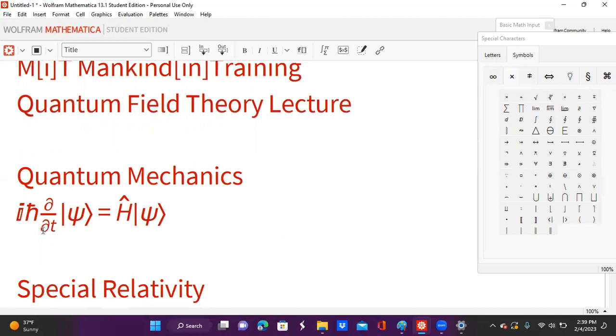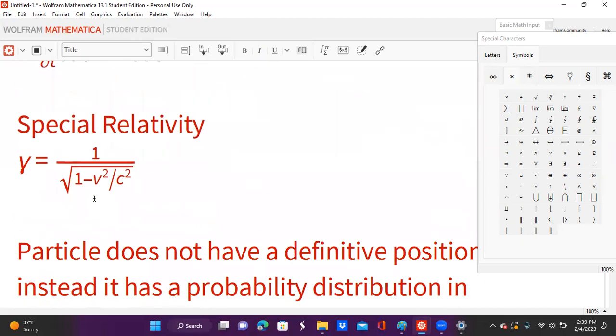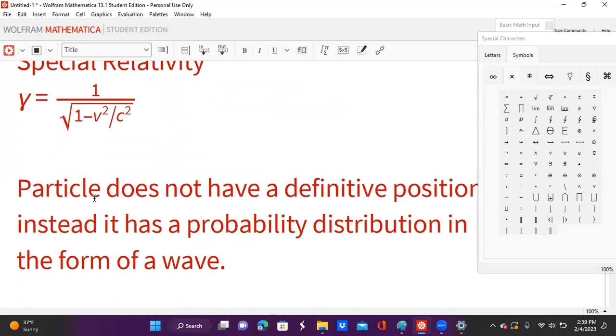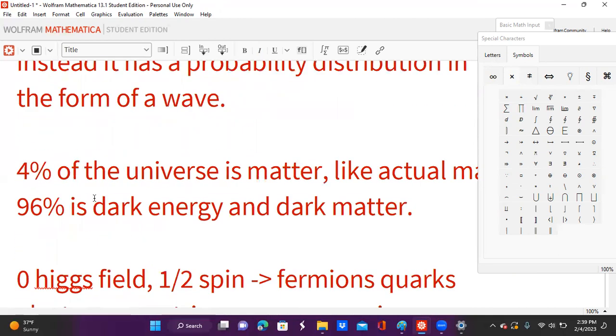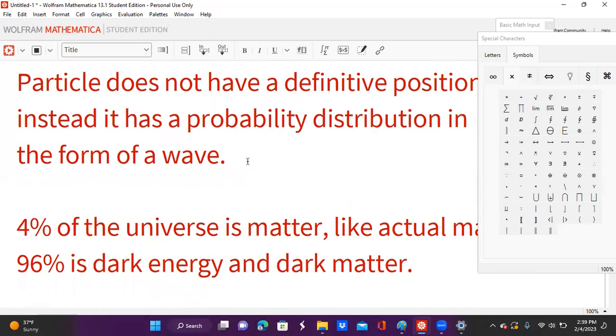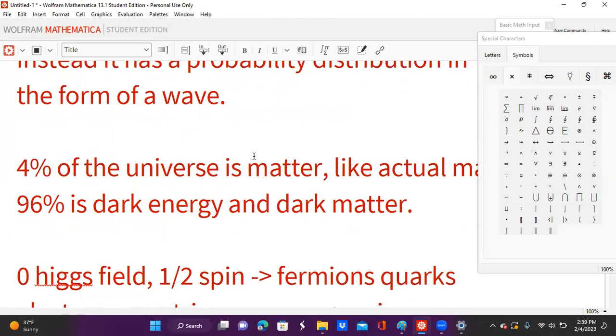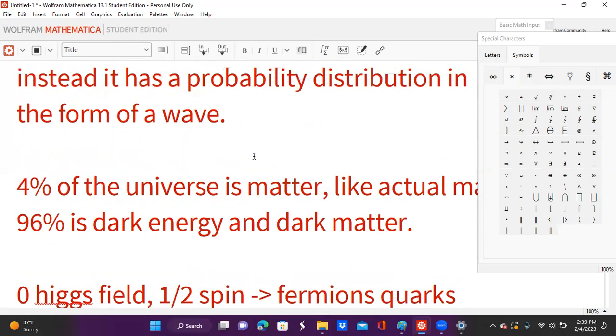Quantum mechanics mixed with special relativity, and I told you about the fact that particles don't have a definitive position, and they don't always have a definitive, well, they have properties, but those properties can be changed relatively easily.